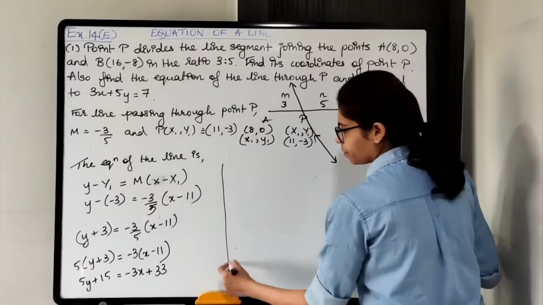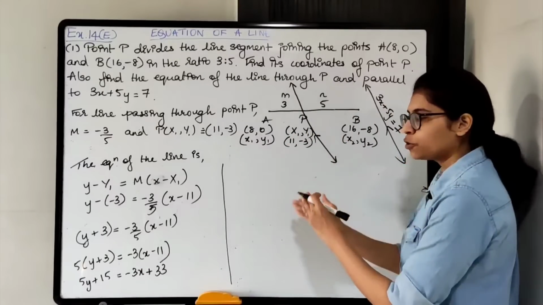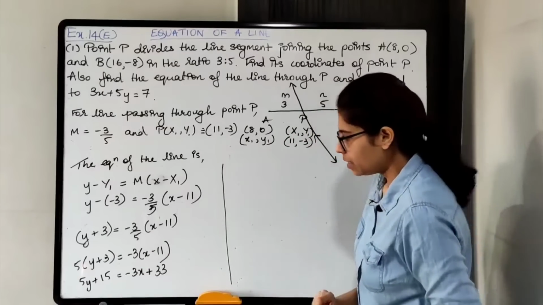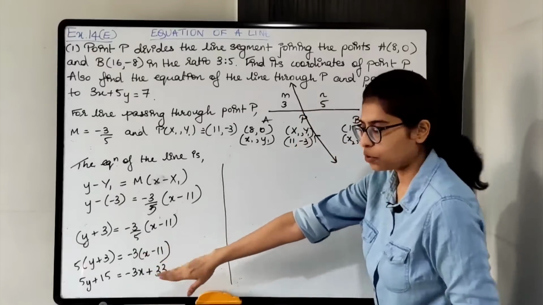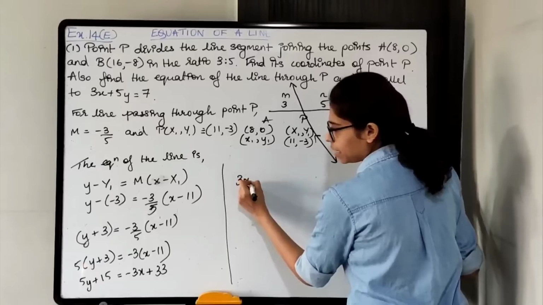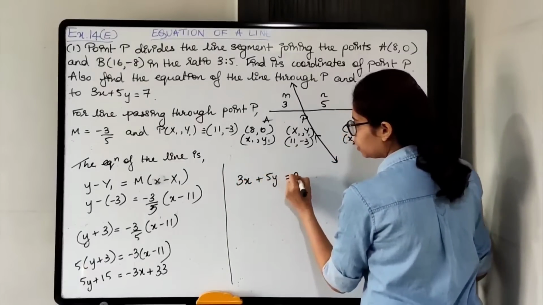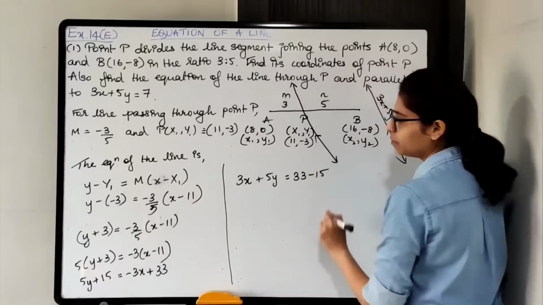Okay, so x वाला term negative है, so what I am going to do is I will shift it on the other side and numbers we will group together. तो 15 को shift करते हैं, so 3x shifting on the other side it becomes positive, 3x plus 5y is equal to 33 as it is, 15 will become negative.